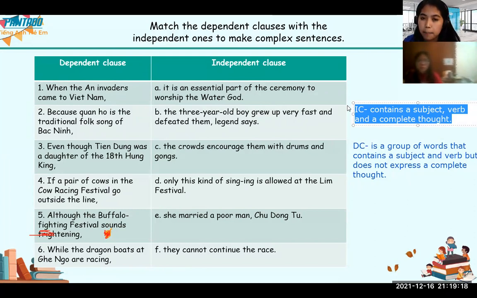Okay, so my question is, what is the difference between independent clause and dependent clause?